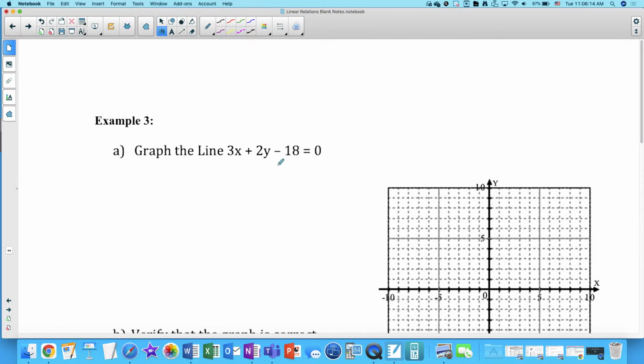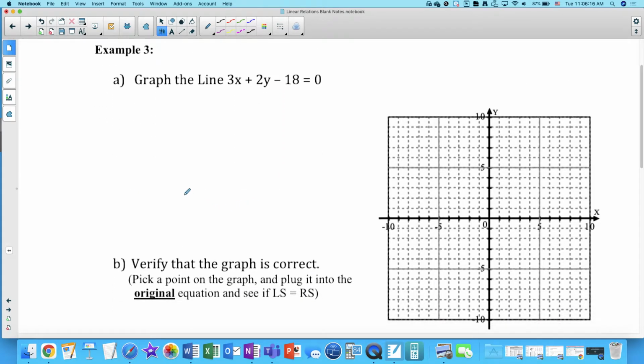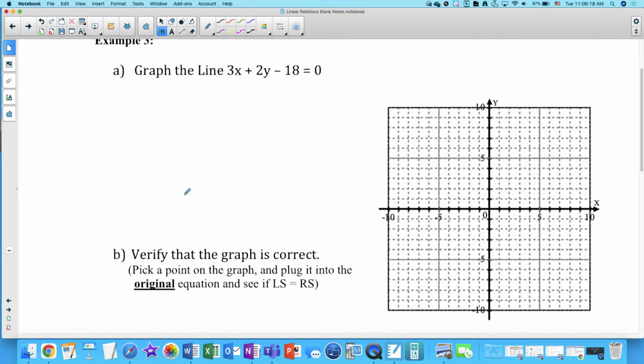All right, so we need to now graph this line. There's a couple of different methods that you could use when graphing from general form. What do you think one of them is? Exactly. Convert to slope-intercept form. And then we know how to graph from that, right?